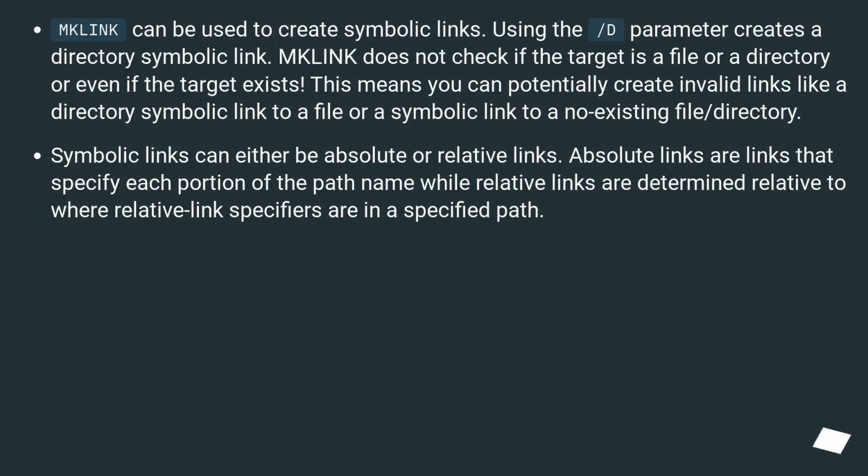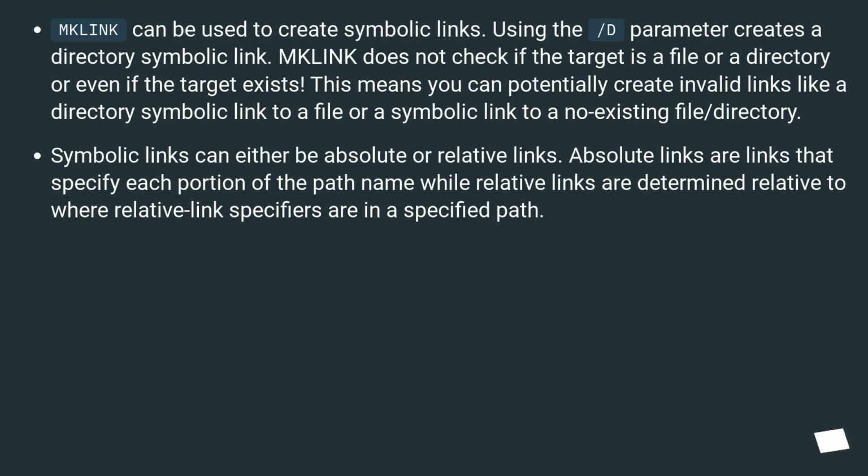Using the /d parameter creates a directory symbolic link. Mklink does not check if the target is a file or a directory, or even if the target exists. This means you can potentially create invalid links, like a directory symbolic link to a file or a symbolic link to a non-existing file or directory.